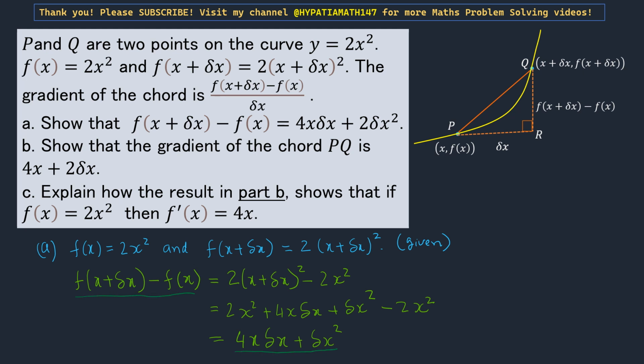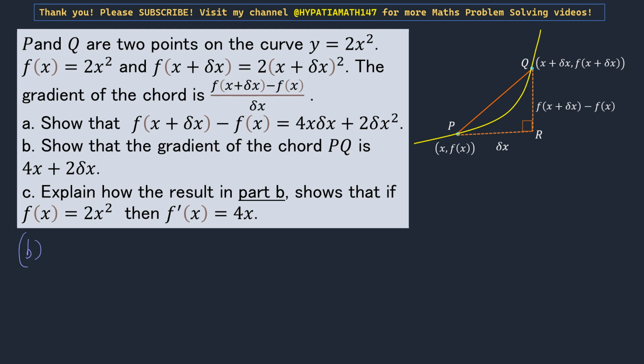The next thing, part B, is we need to show the gradient of the chord PQ is 4x plus 2 delta x. Now we know the gradient of the chord is y out of x, so it would be f(x plus delta x) minus f(x) divided by delta x. That's what they have given us as well. So now we have to prove that that is equal to 4x plus 2 delta x.